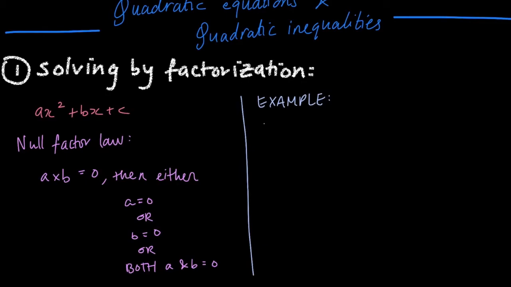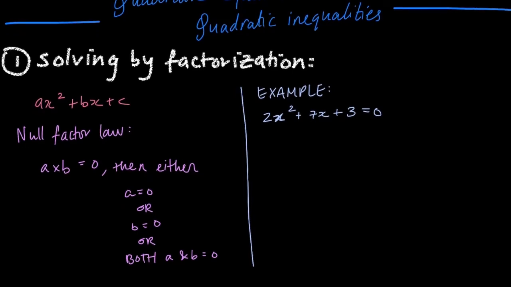Okay, so let's look at an example where the coefficient of x squared is not 1. In this case, we have 2x squared plus 7x plus 3. We can't initially use the same method of finding the pair and putting it directly into the two brackets and solving, because we have a coefficient of x squared, the a value, which is not 1.